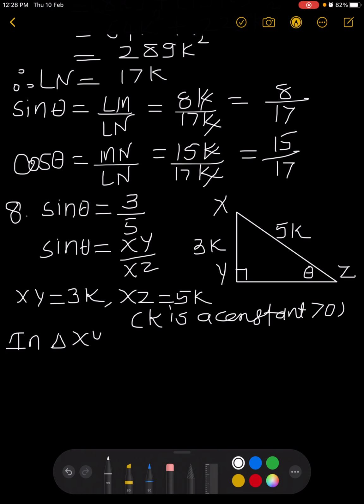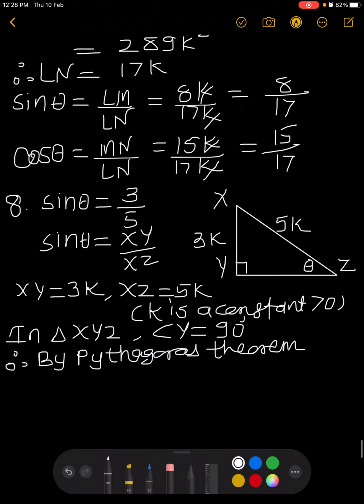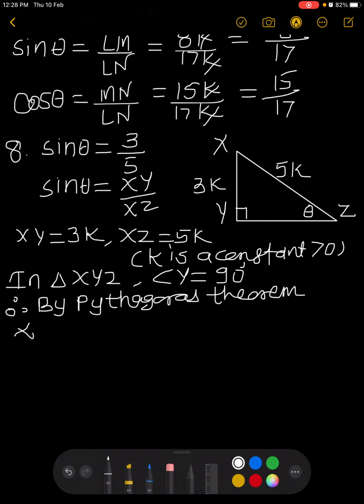Let us apply Pythagoras theorem now. In triangle XYZ, angle Y is 90 degrees in measure. So when we apply Pythagoras theorem for the given right angle triangle XYZ, we obtain the square of XZ is equal to the square of XY plus the square of YZ.